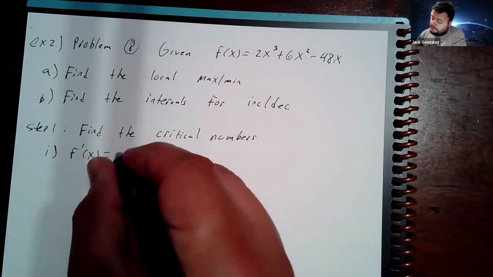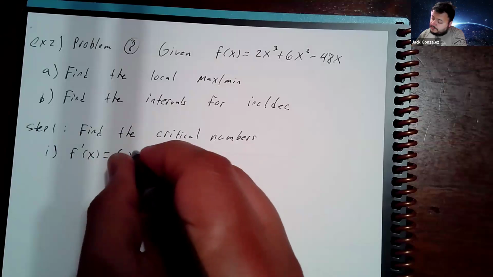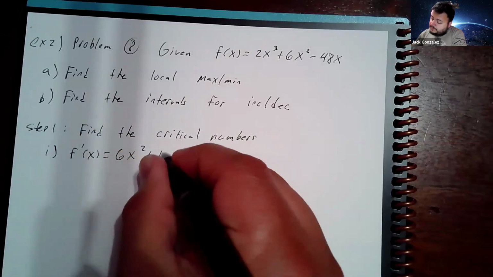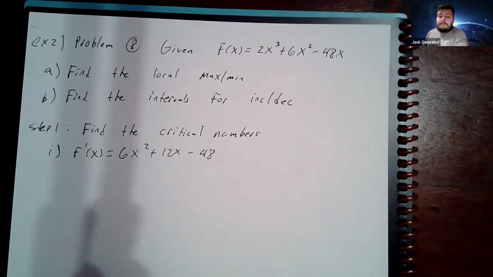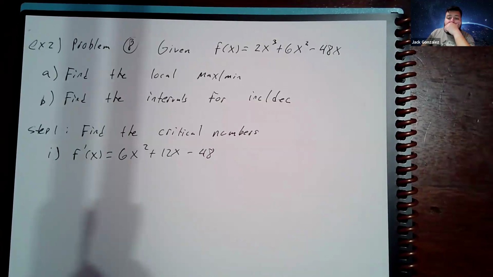Do you all agree that the derivative is 6x squared plus 12x minus 48? Is that good?